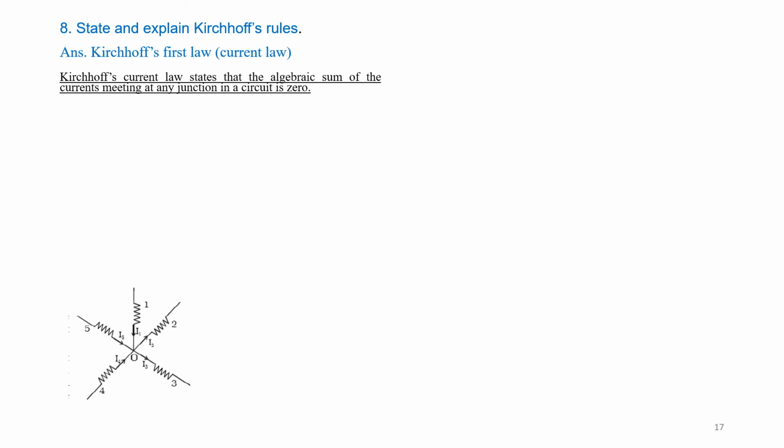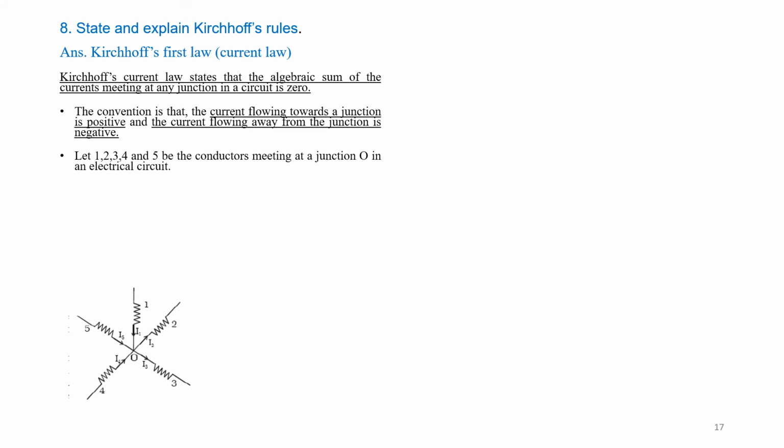The convention is that the currents flowing into the junction O, that is I1, I4 and I5, are assumed to be positive. Similarly, the currents leaving the junction O, that is I2 and I3 in the figure, are assumed to be negative. These are the standard conventions.